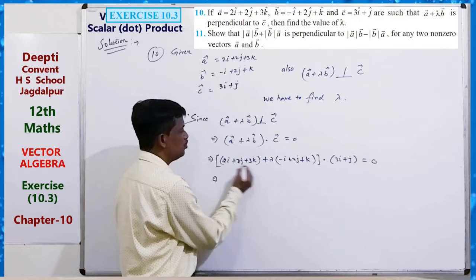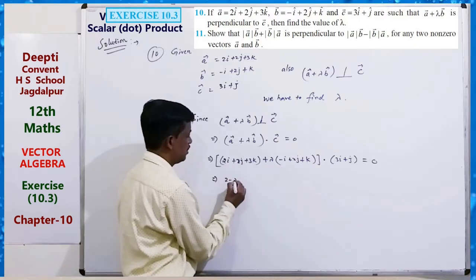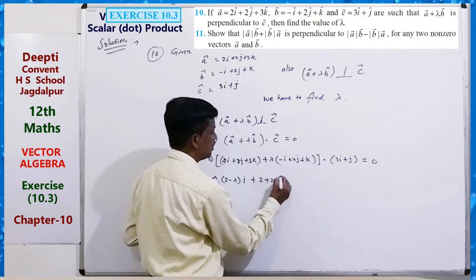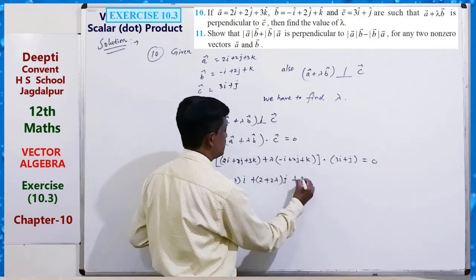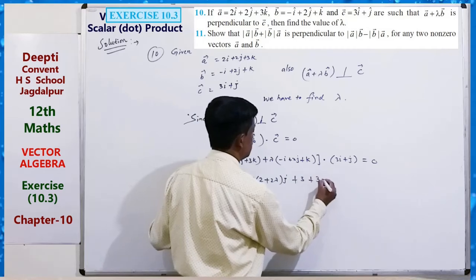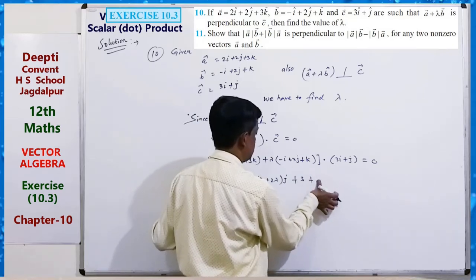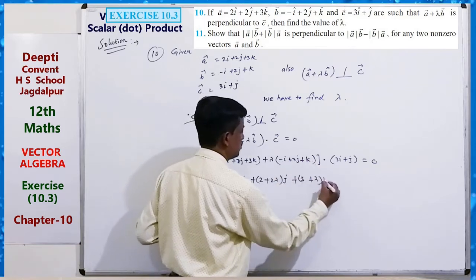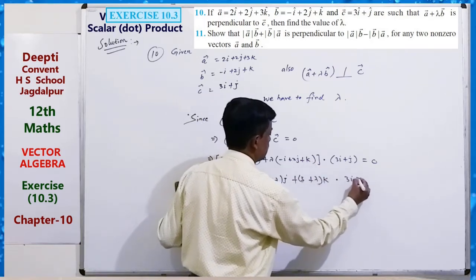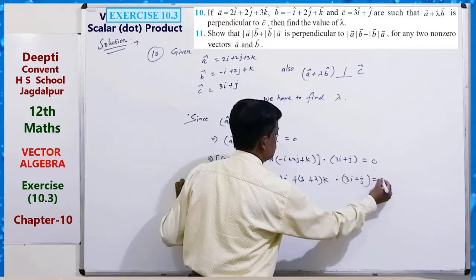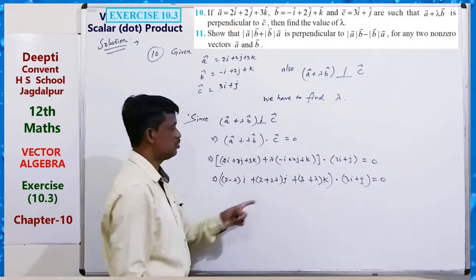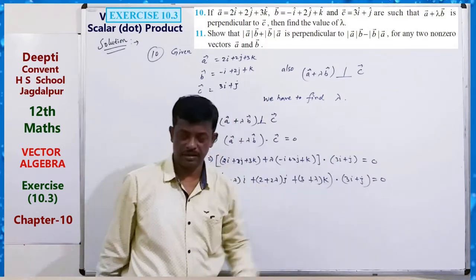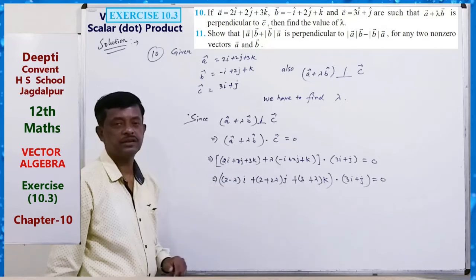Here 2 minus lambda i, 2 plus 2 lambda j, 3 plus lambda into 1, 3 plus lambda k, dot 3i plus j equals 0. These are the two vectors. The coefficient of k in the second vector is nothing, 0.